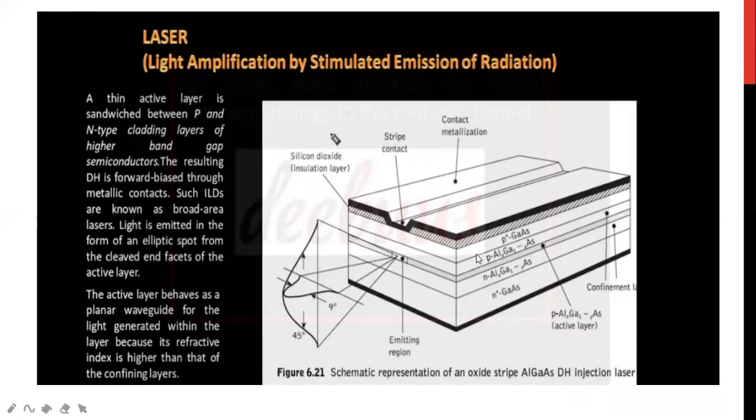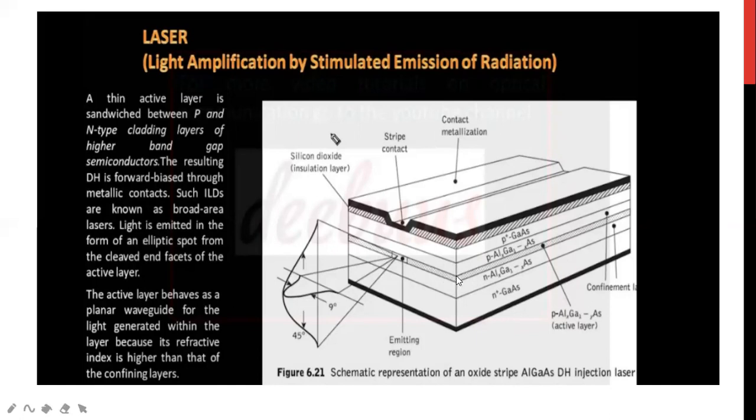We can improve the light confinement inside the active region, and the electric current can be confined more in the strip region, so that we can guide the light perfectly inside the active region.